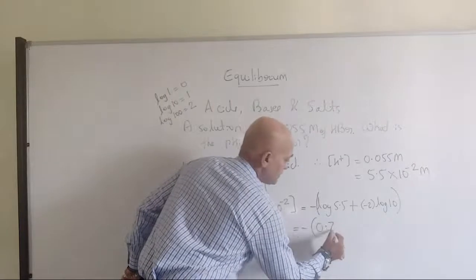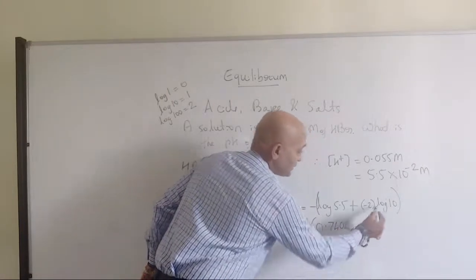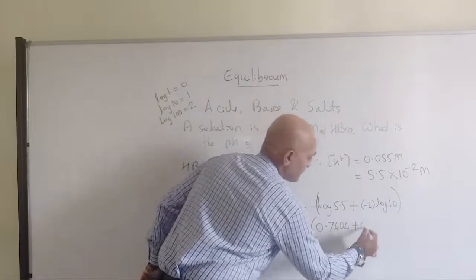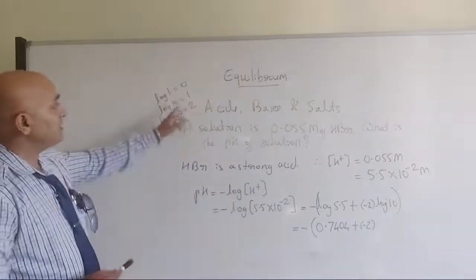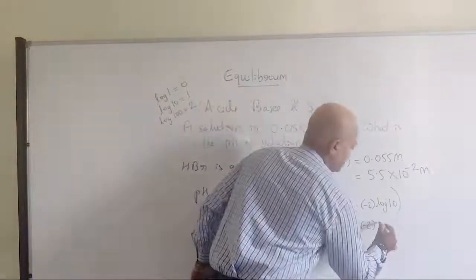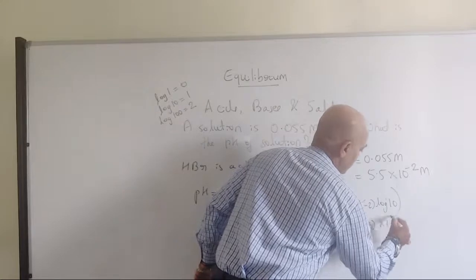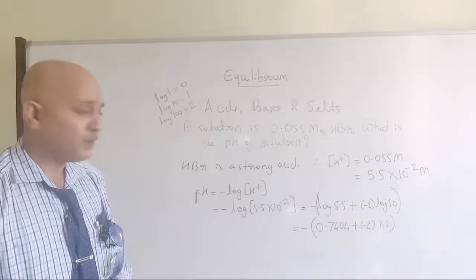So 0.7404. Now this will be plus minus 2, and what is log of 10? Log of 10 is 1. No need to see the log book for that. So multiplied by 1. Okay, all of you have understood?